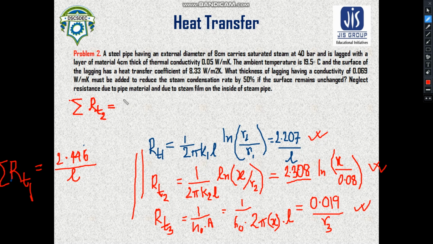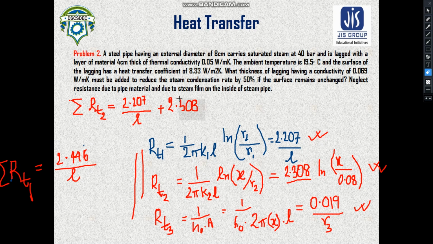So you will see that it would become 2.207 divided by L plus 2.308.